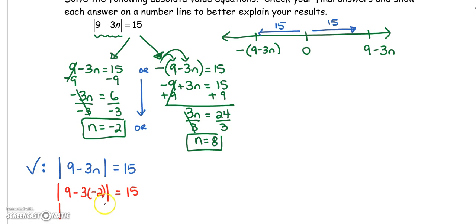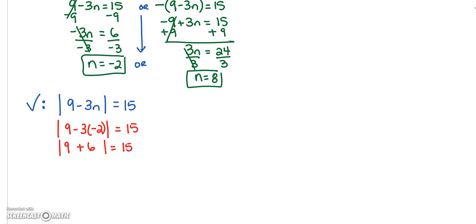Well, absolute value of 9, negative 3 times negative 2 is positive 6, equals 15. So let's keep going. 9 plus 6 is 15. Absolute value of 15 equals 15. Is the distance of 15 from 0 15 units away? Yes, 15 does equal 15. Therefore, since the number 15 is 15 units away from 0, that does work.